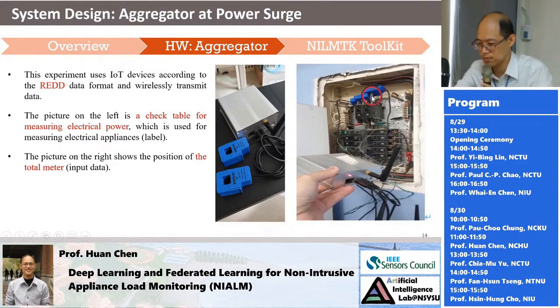This is the Hall effect sensor that can detect how much current goes through this line. Everything gets into this box, and inside we can measure the power and transmit the measured power via wireless.